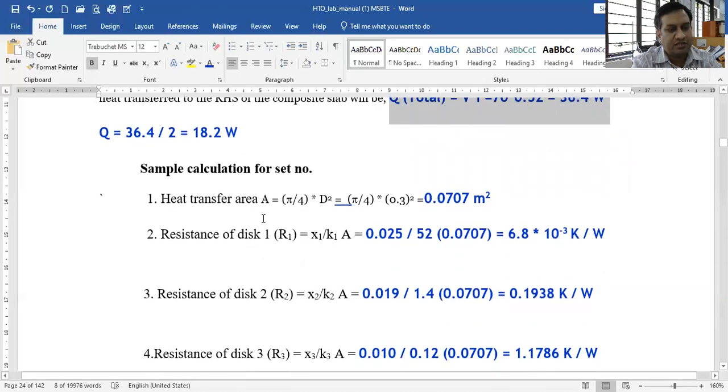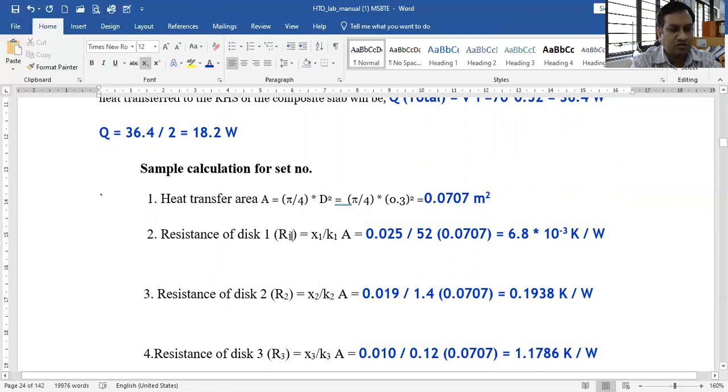Now we can calculate the area of heat transfer with the help of the formula pi by 4 d square. We know the diameter is 300 mm, meaning 0.3 meter. So we can calculate this area as 0.0707 meter square. Now the thermal resistance is calculated with the formula X by KA.